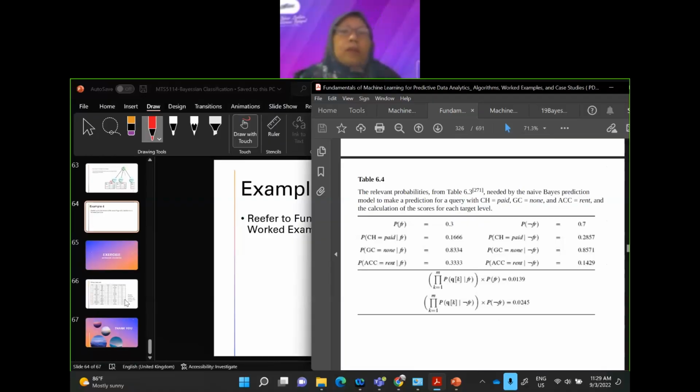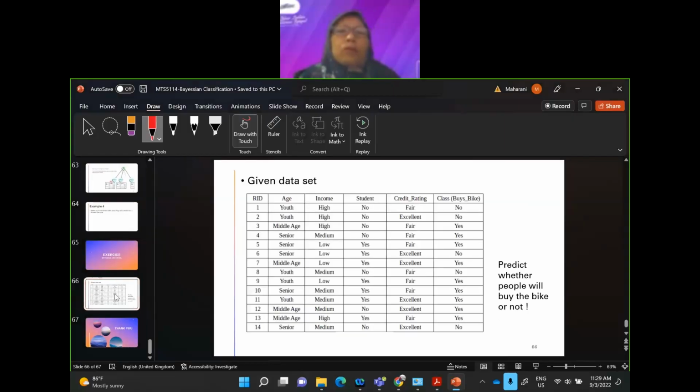Okay, to make it more clear, you can also do this one. You are given data sets: age, income, student or not, and credit rating. And then whether people will buy a bike or not.